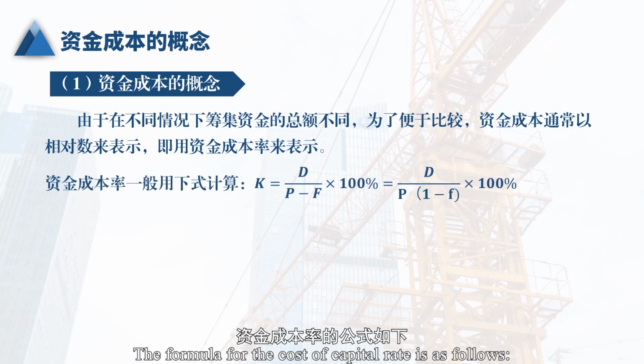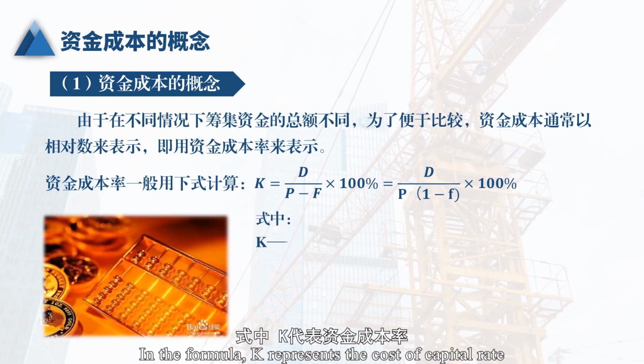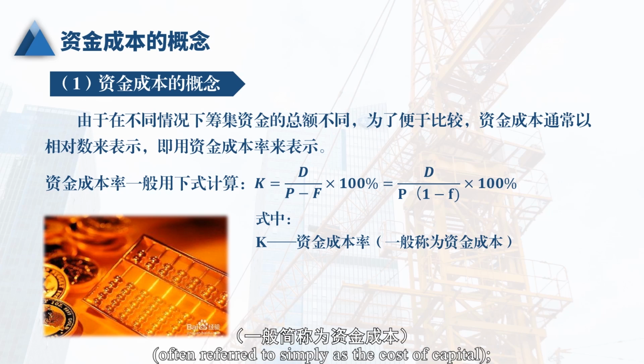The formula for the cost of capital rate is as follows. K equals D over (P minus F) multiplied by 100% equals D over P multiplied by (1 minus F) multiplied by 100%. In the formula, K represents the cost of capital rate, often referred to simply as the cost of capital.